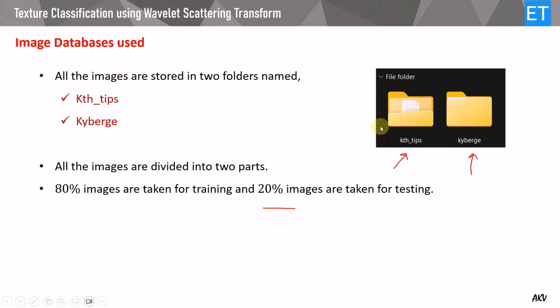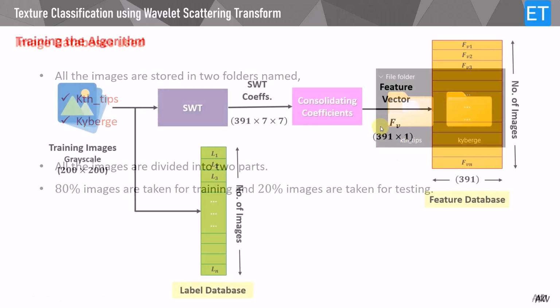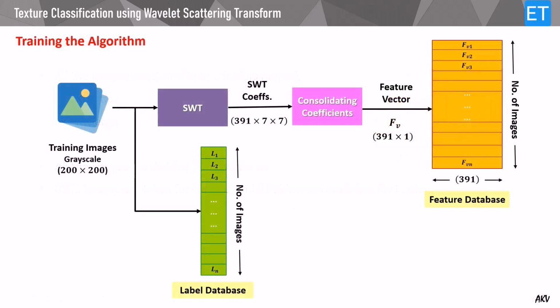Okay, so now come to the training. This figure shows the overall training. For the training, you have all the training images. First you have to resize those images to the size 200 by 200, because my database has a few images which are not of 200 by 200 or equal sizes. A few images are of different size.